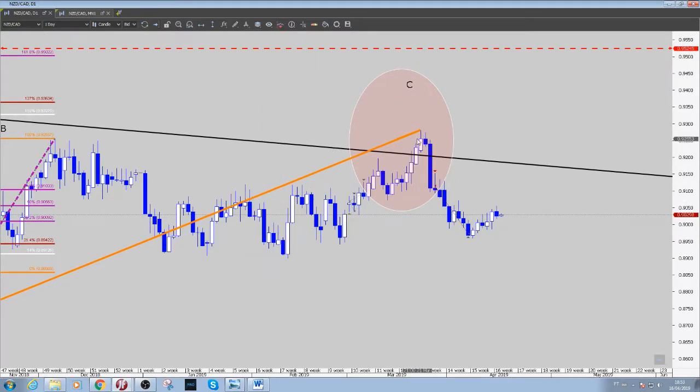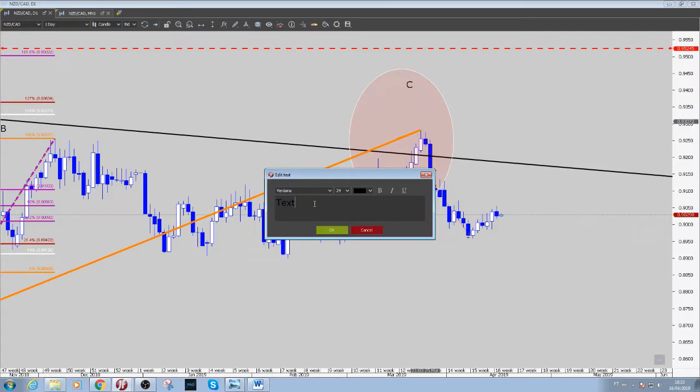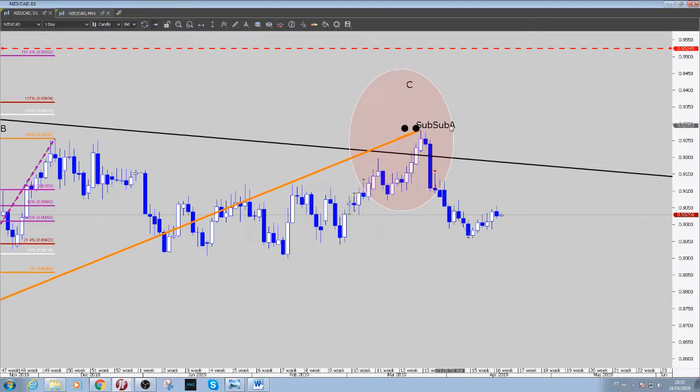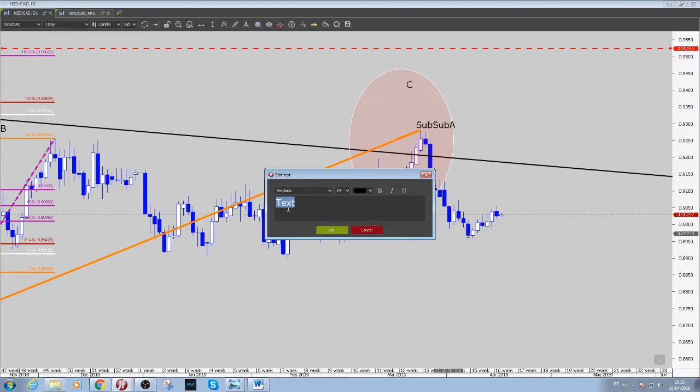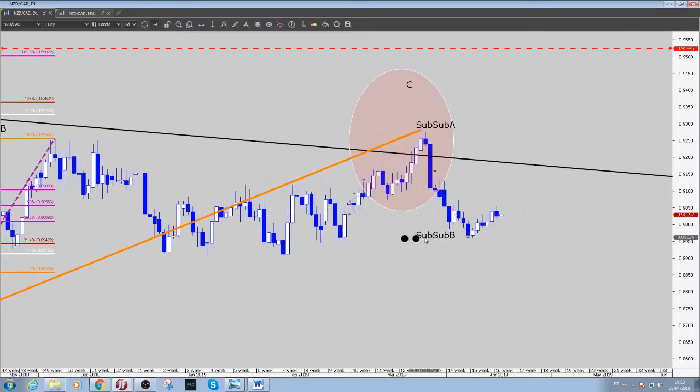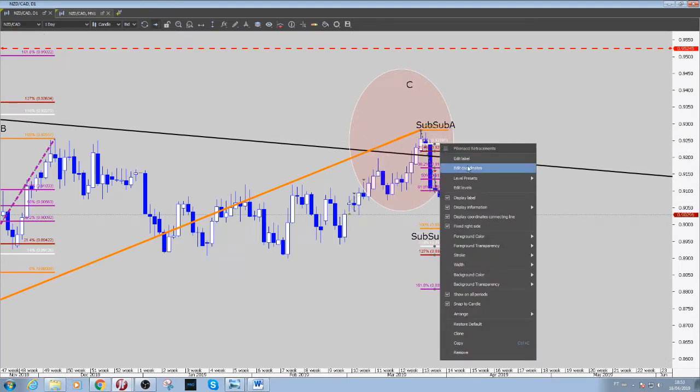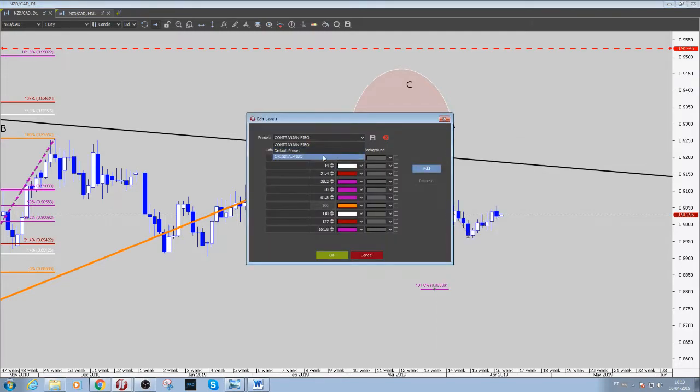Let's write this down. So this is going to be our sub A, right? And the first low as soon as possible after the sub A is this one, and it is sub B. Sub B, this one here, and this is our original color, original Fibonacci.